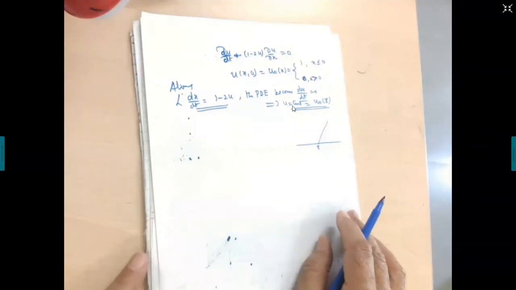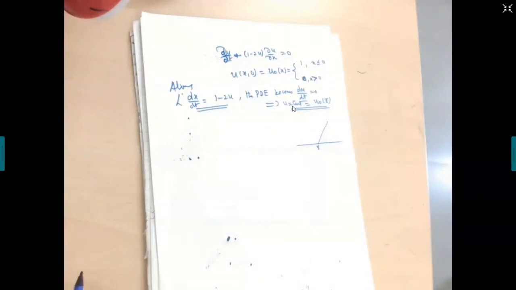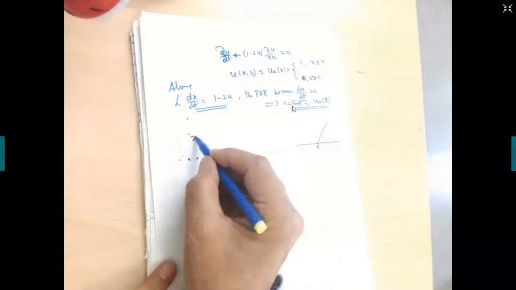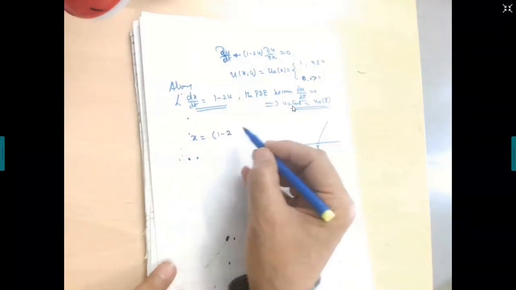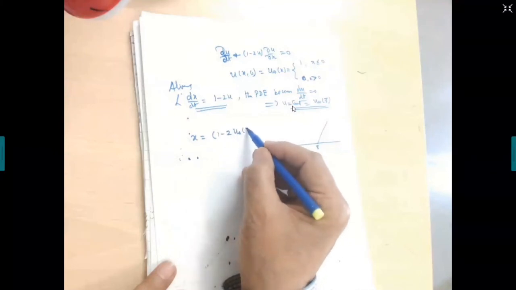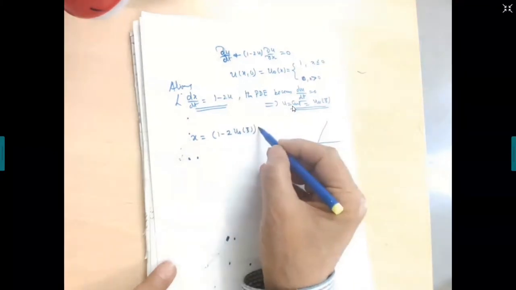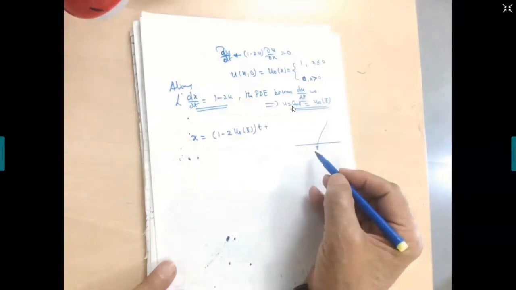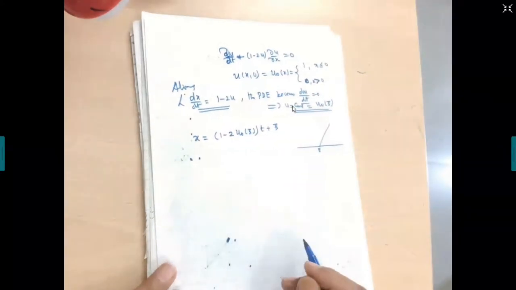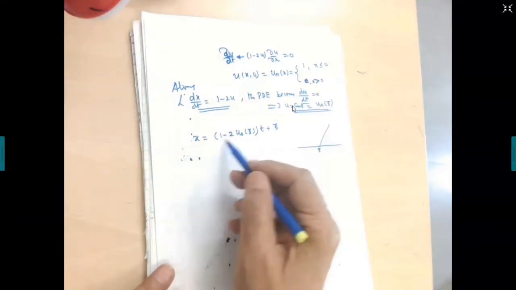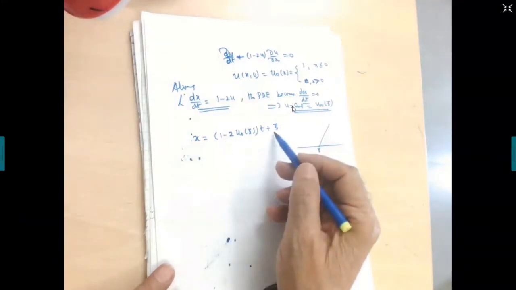So my question is: what are the characteristic curves? x equals (1 minus 2 u naught of xi) times t plus xi. Wonderful. You got the idea. And along these characteristics, what is u?